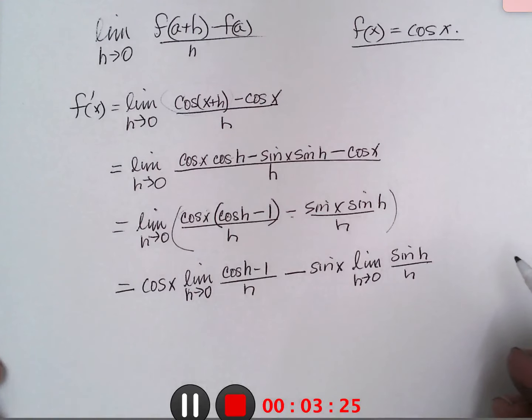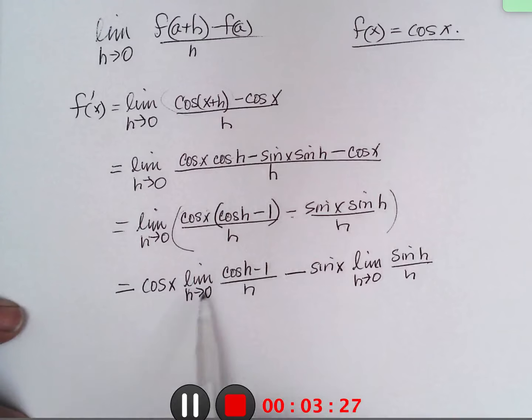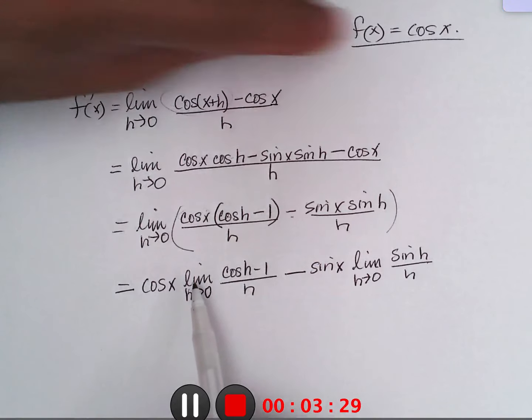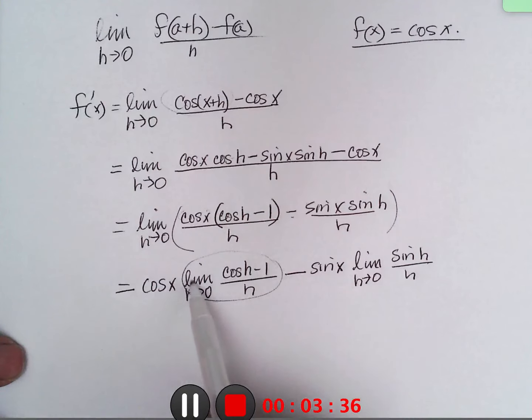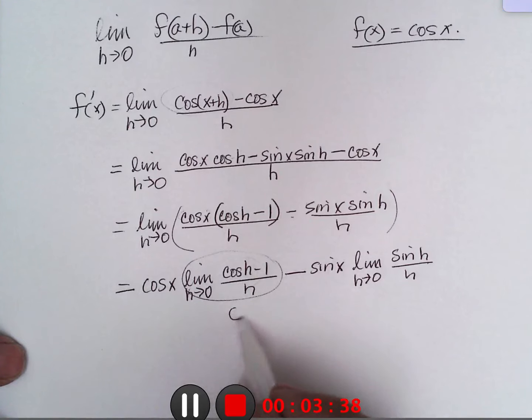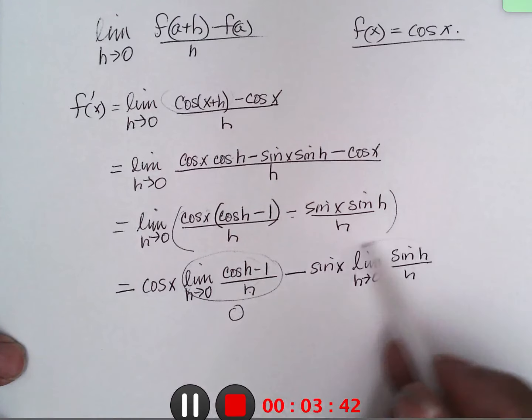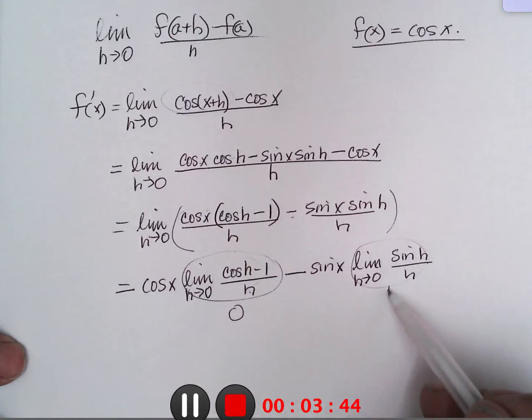Now, in the earlier problems, when doing the derivative of the sine, you discovered, and we talked about this in class, that this is 0 as h gets really small, and this becomes 1 as h gets really small.